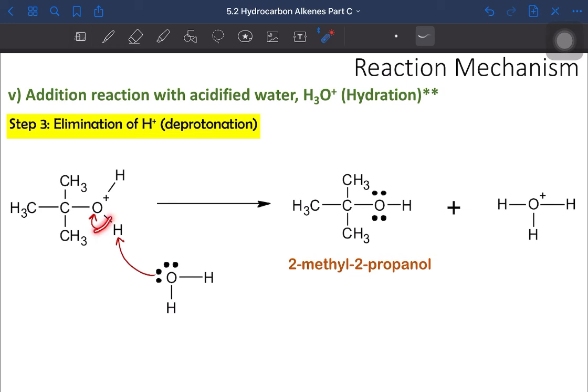Both of the electrons will be transferred to this oxygen, and this hydrogen will completely leave the molecule. So now we form this alcohol and this H3O+. This alcohol is 2-methyl-2-propanol. So these are the 3 steps of the reaction mechanism for the acid-catalyzed hydration reaction of alkene.